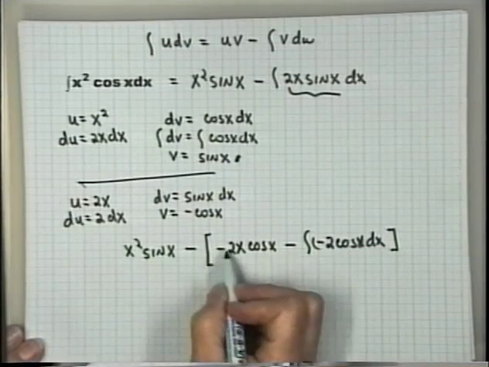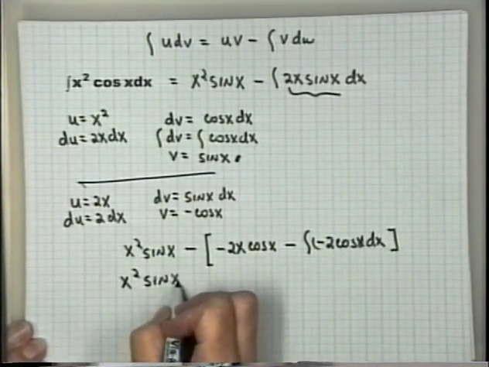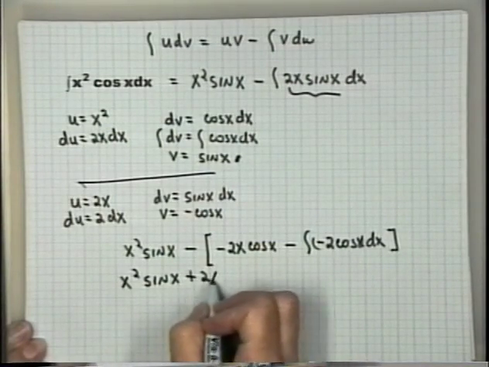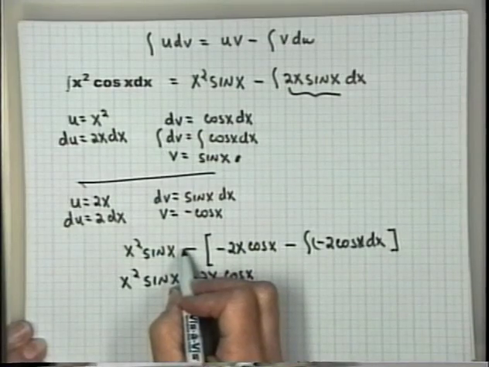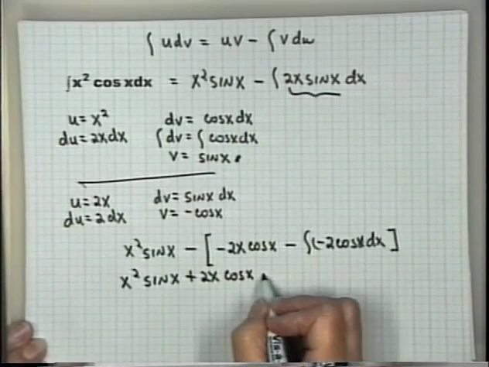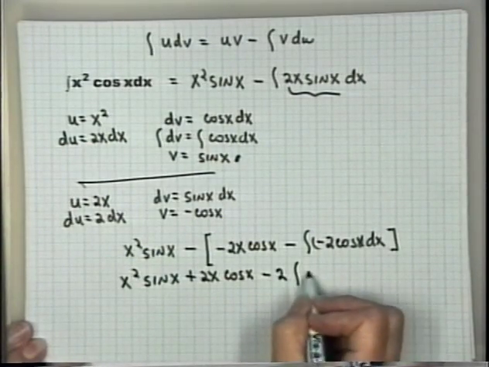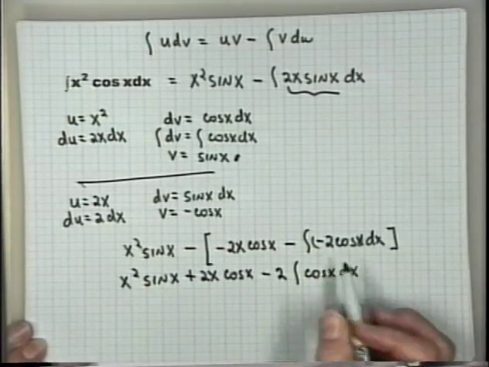Now I'm going to distribute this negative and do a little simplifying here. X squared sine x, that will become a plus 2x cosine x. This sign would distribute here and make a positive, but then this would come out and make it a negative 2 in front of this antiderivative of cosine x dx. Do you see that?